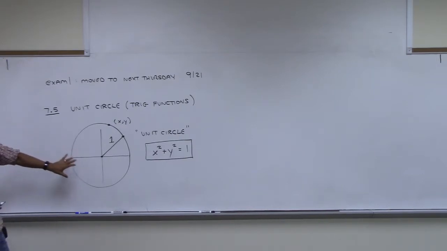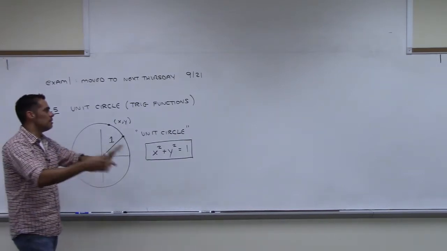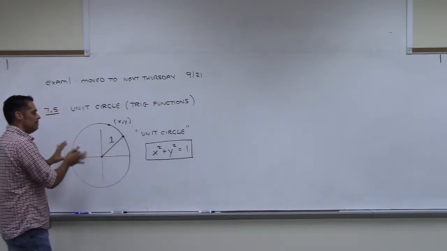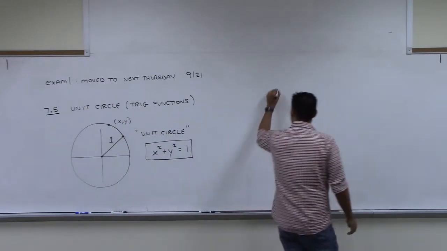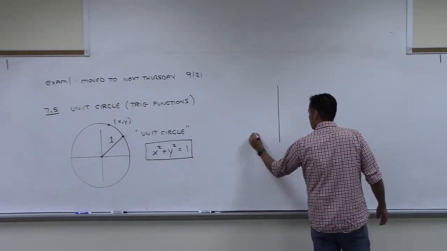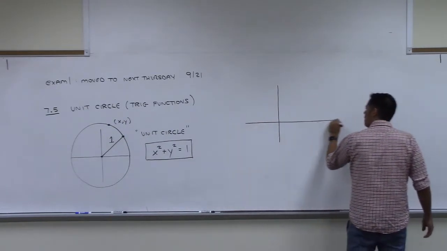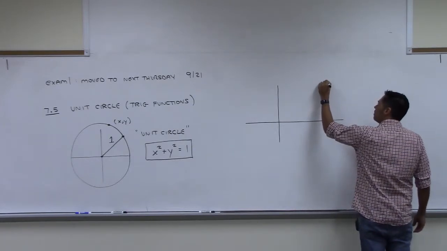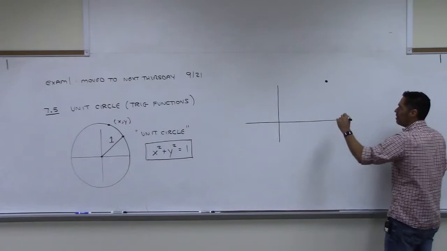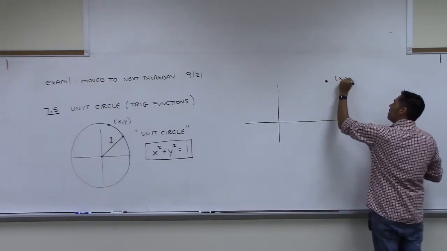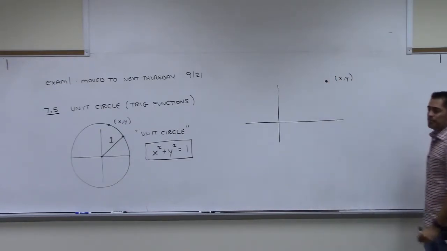But let's see how we're going to use what we've learned and somehow map it over to this idea of the unit circle. So if I draw from last class, if I pick some arbitrary point, now this point's completely arbitrary, all right? It's not sitting on a circle or anything. And I call that xy, right?